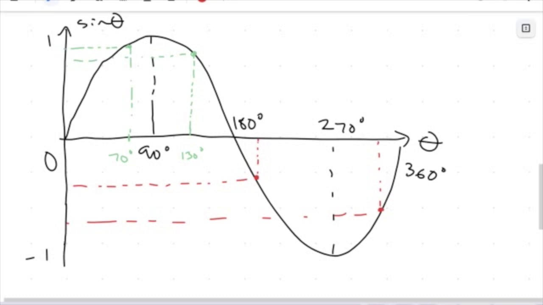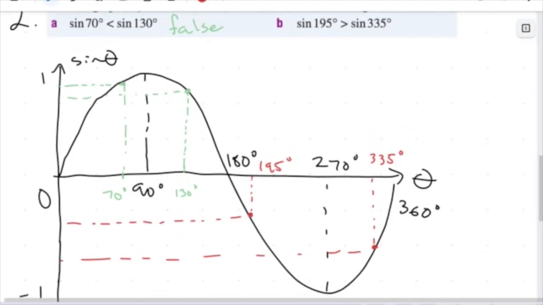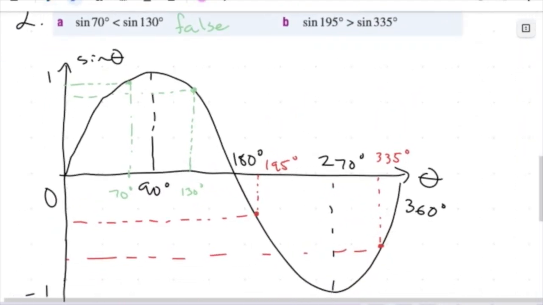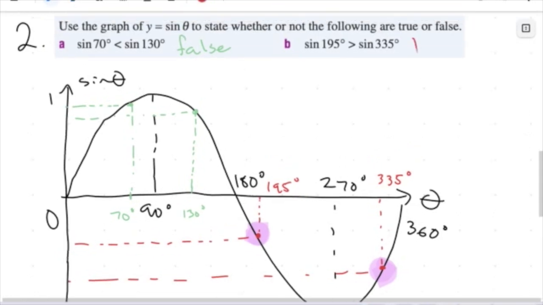And from here, I can pretty clearly see if this is 195 degrees, and this is 335 degrees, that sine of 195 is higher up on the y-axis than this one. So this one is in fact true.